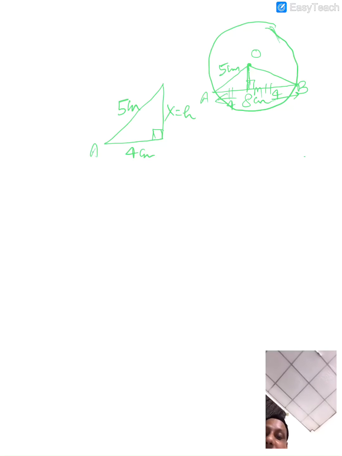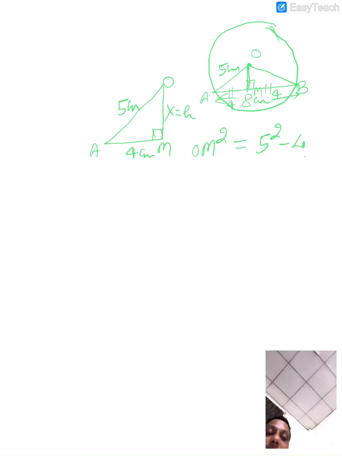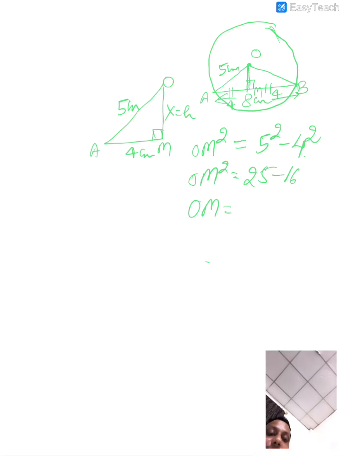You can label it whatever you want. Suppose I label here A, M, O. To get OM, you know Pythagoras Theorem, so OM square is equal to 5 square minus 4 square, so OM square is equal to 25 minus 16. So OM square is 9, so OM is equal to square root 9, which is equal to 3.